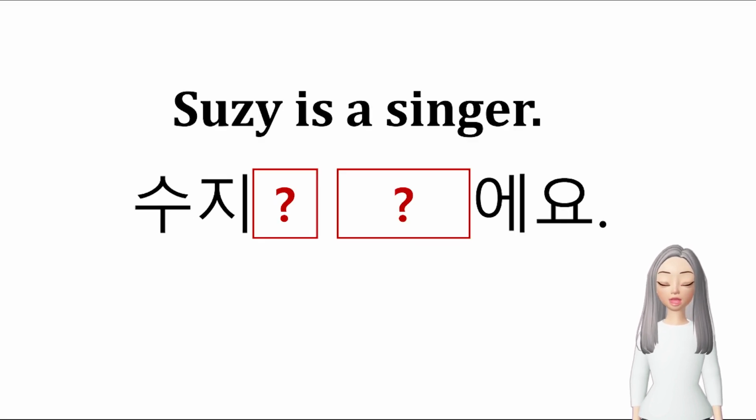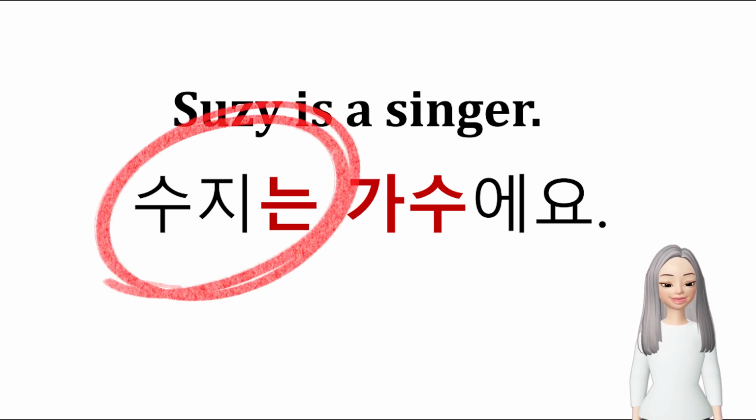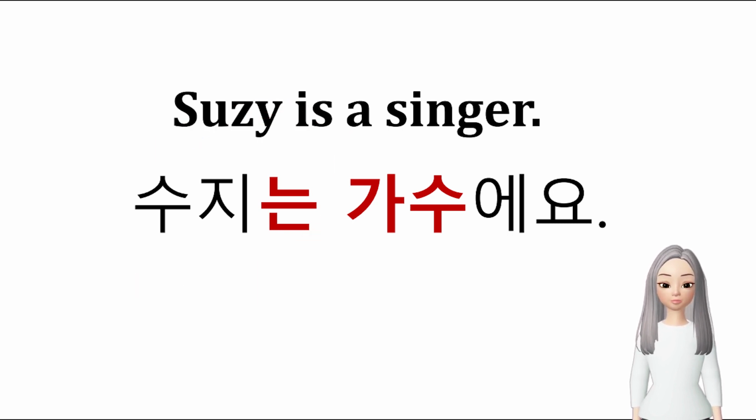Let's go with another example. This time it's Susie. But she's not a student this time. She's a singer. So the example is Susie is a singer. Did you get it correct? The answer is 수지는 가수예요.